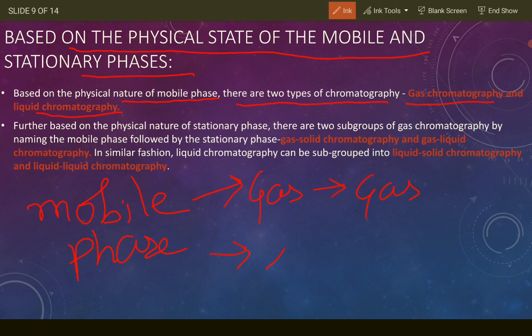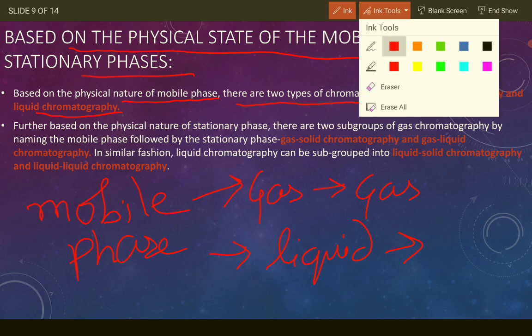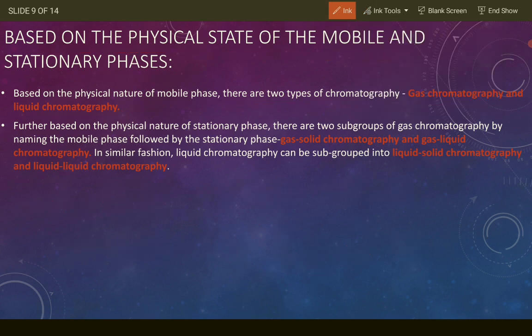If the mobile phase is liquid, it's liquid chromatography. So it's always based on whether the mobile phase is gas or liquid.